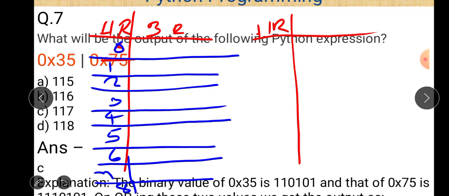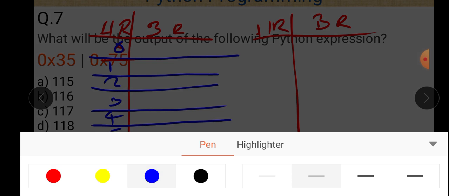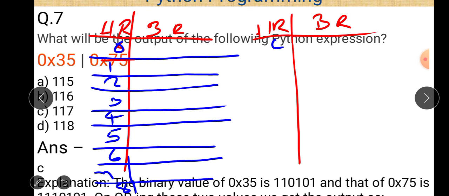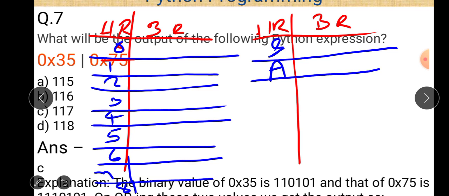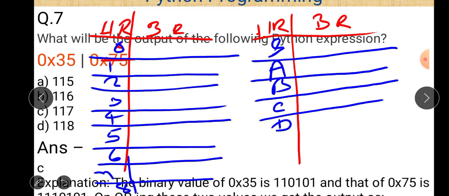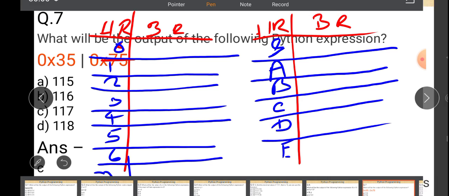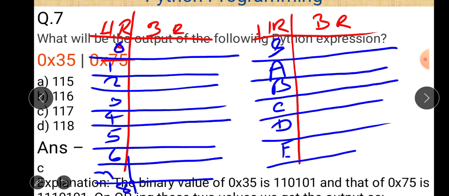Space is not there, that's why I write it here. After 8, 9. After 9 we don't write 10, we write A, which represents 10. A, B, C, D, E, and at last F.